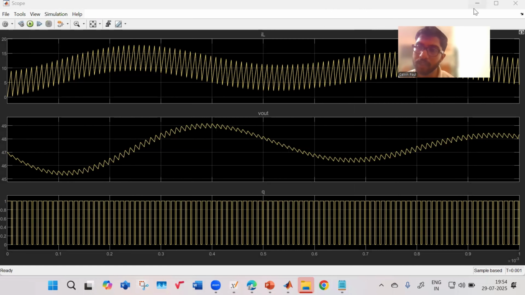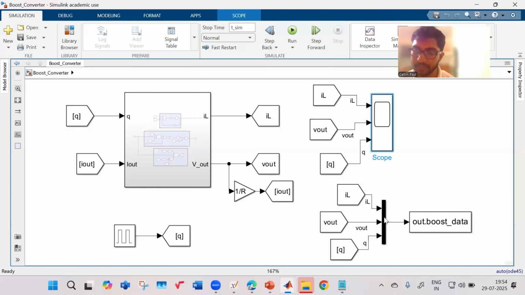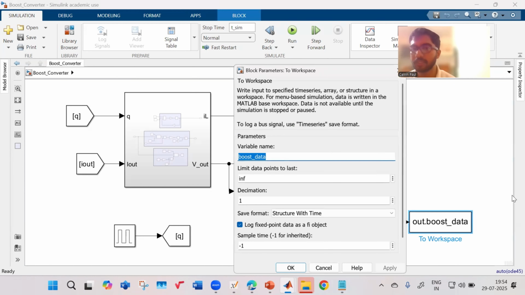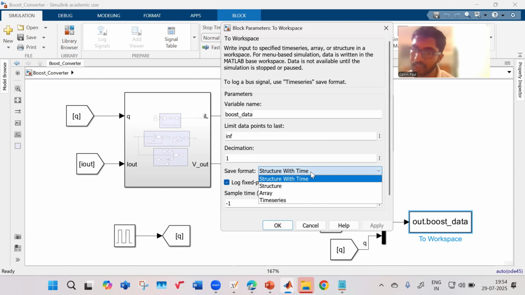So what we do is we take this data, use a mux. It makes this data into a vector of data, and then I take it to my workspace. I give it some name. I've given it the name boost_data, infinite number of data. I made it as a structure with time. These are changes I have to do.